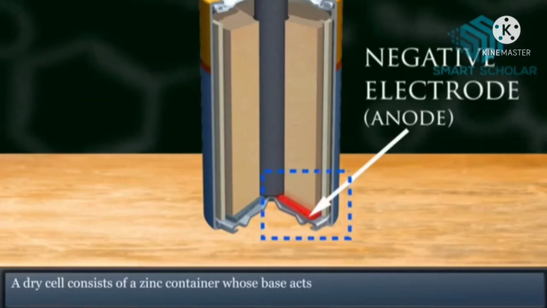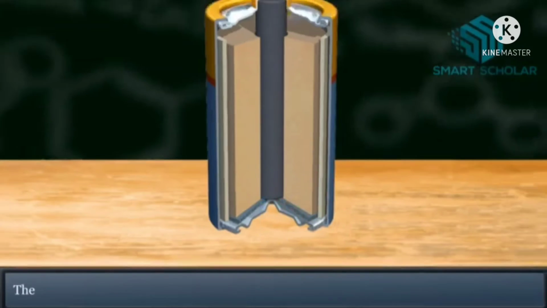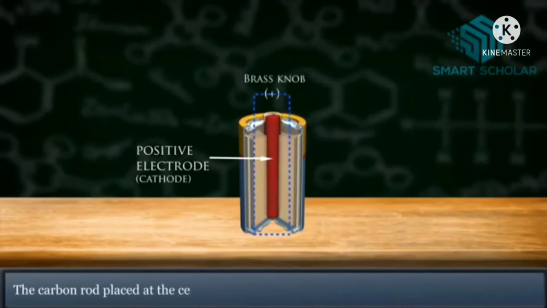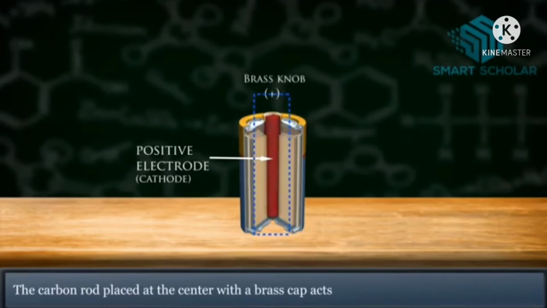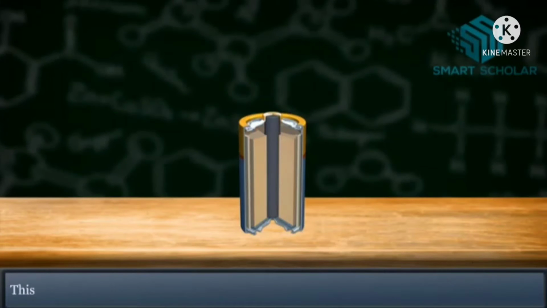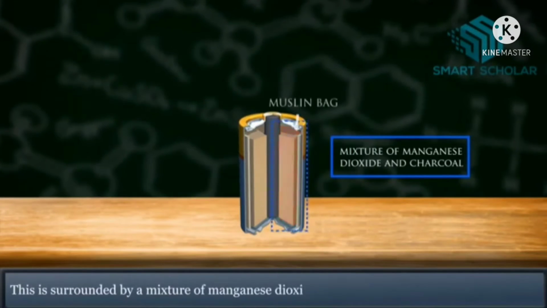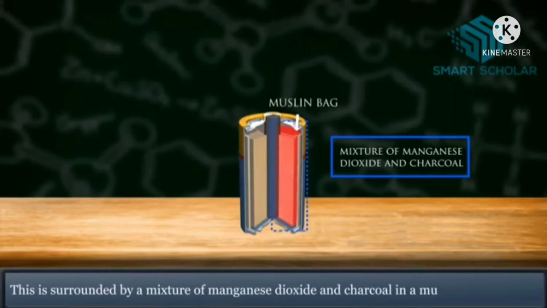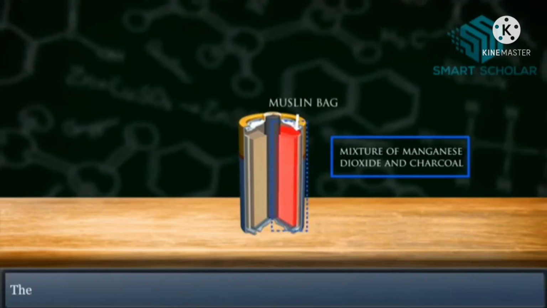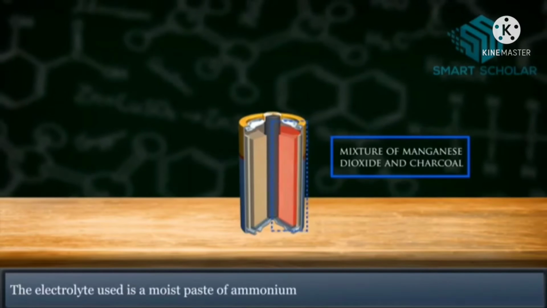A dry cell consists of a zinc container whose base acts as the negative electrode, and the carbon rod is placed at the center with a brass cap which acts as the cathode. A mixture of manganese dioxide and charcoal is there around the rod.